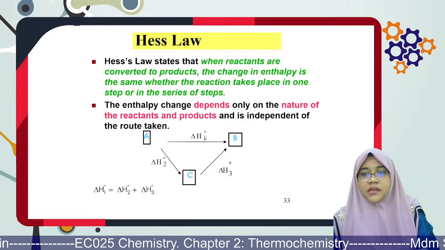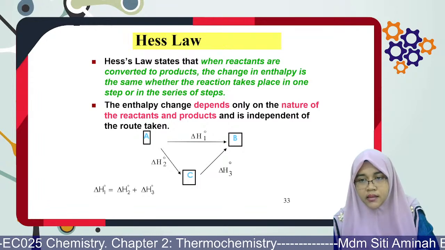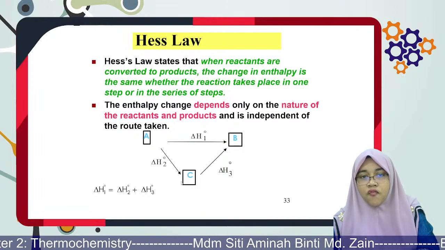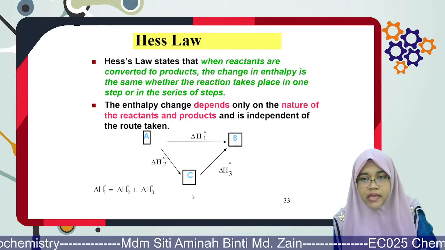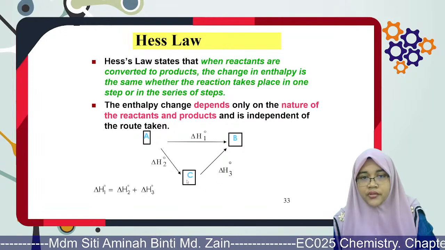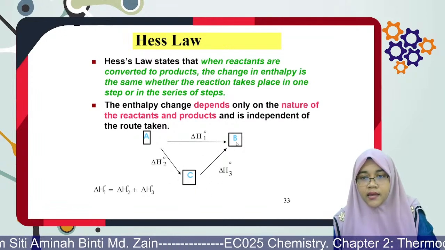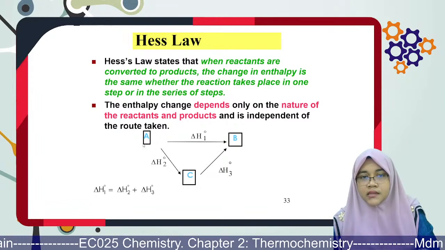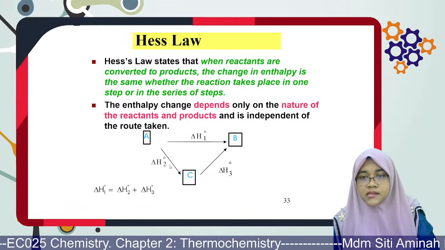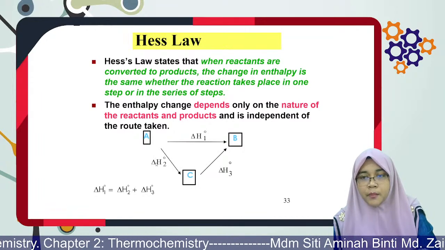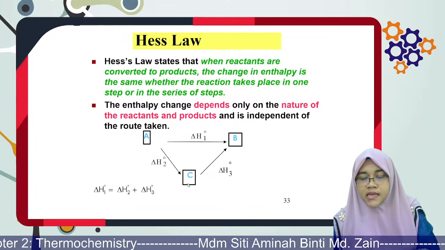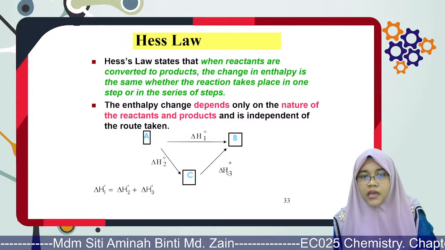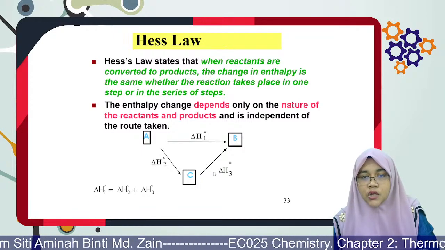There is another way to form B, where A partially forms C as a transition state, and this C will form B at the end of the reaction. When A changes to C, delta H2 is involved, and when C becomes the final product B, delta H3 is involved.